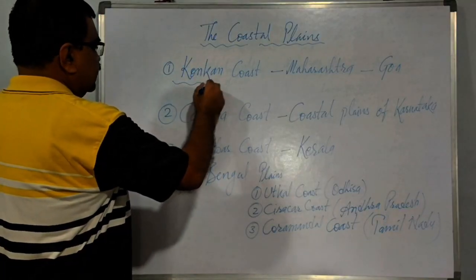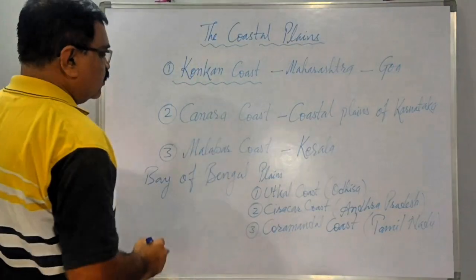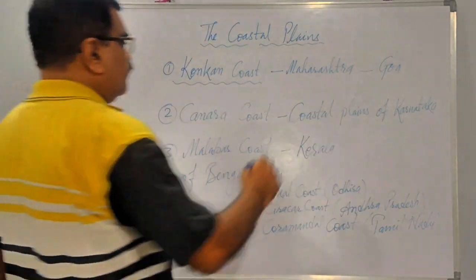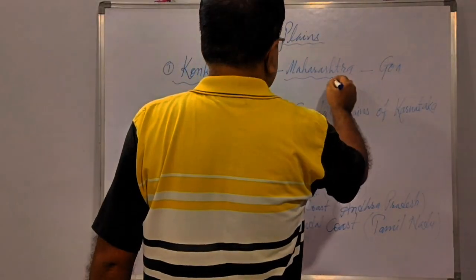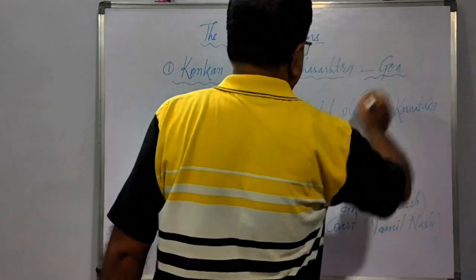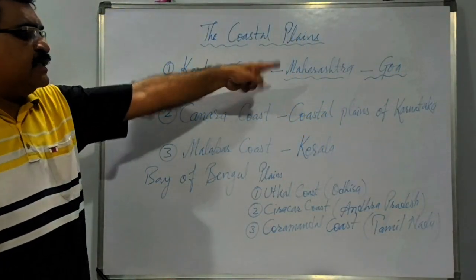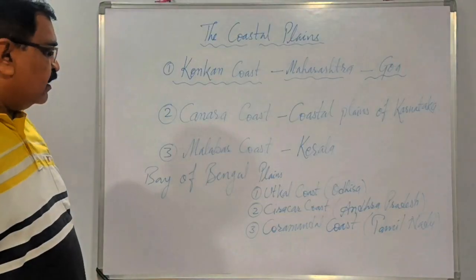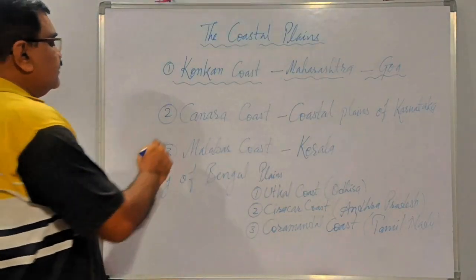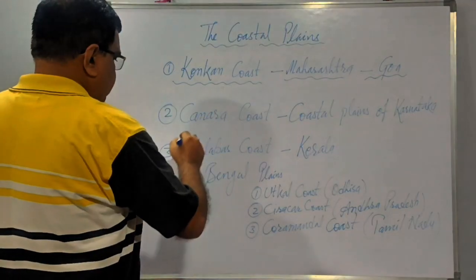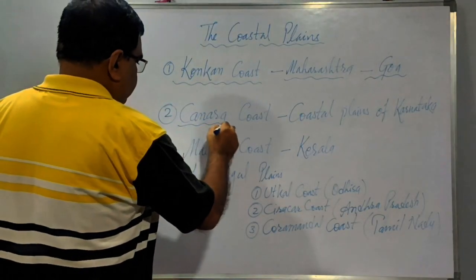Those Arabian Sea plains are divided into the Konkan coast. The Konkan coast extends from the state of Maharashtra to Goa. The second, in the western side, in the Arabian Sea, is the Canara coast.